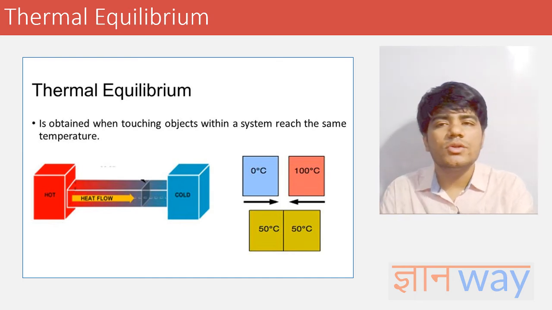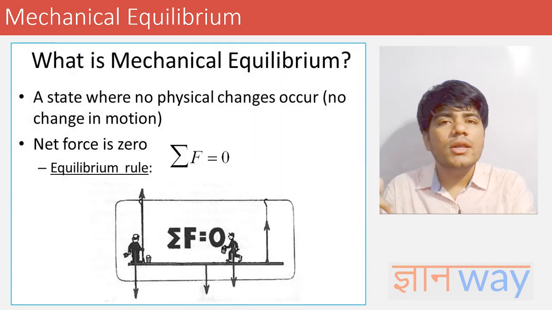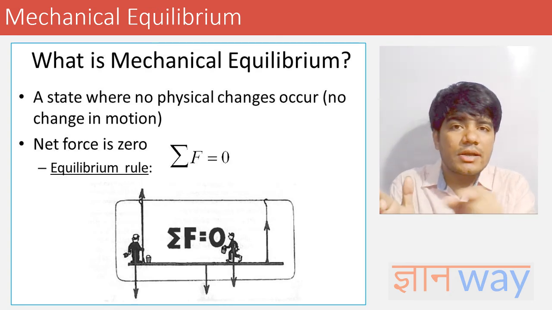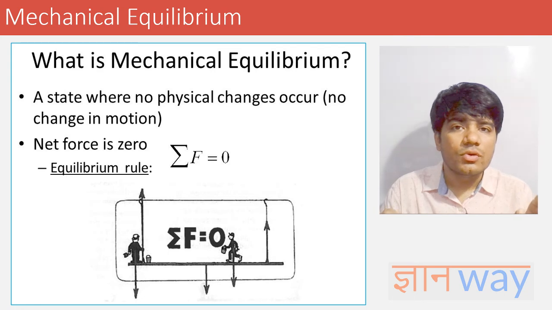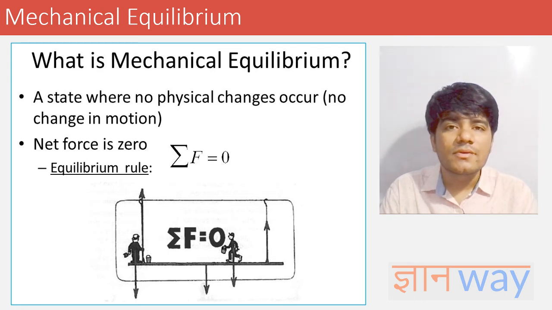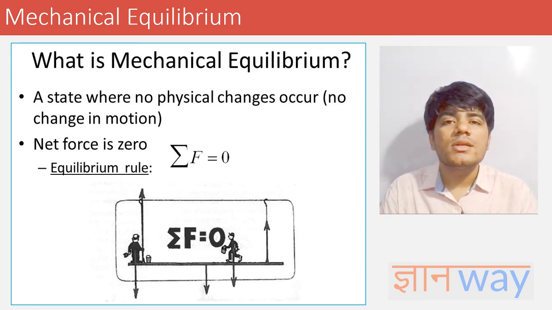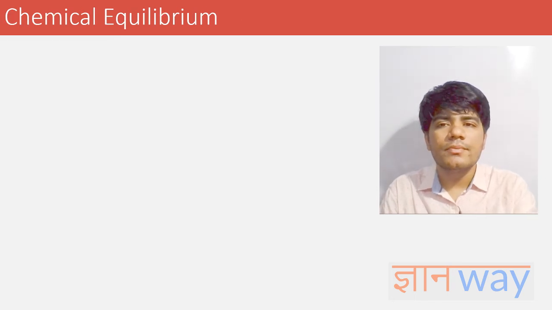Mechanical equilibrium is the state where no physical change can occur, when sigma F equals 0. There is complete force balance. Then we can say there is mechanical equilibrium.